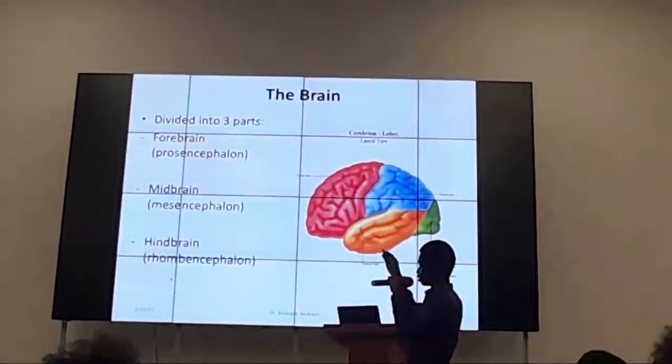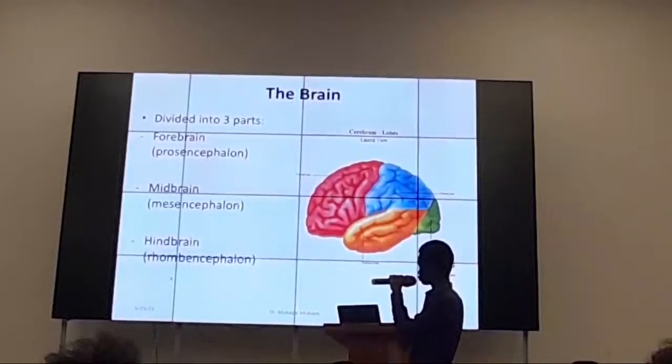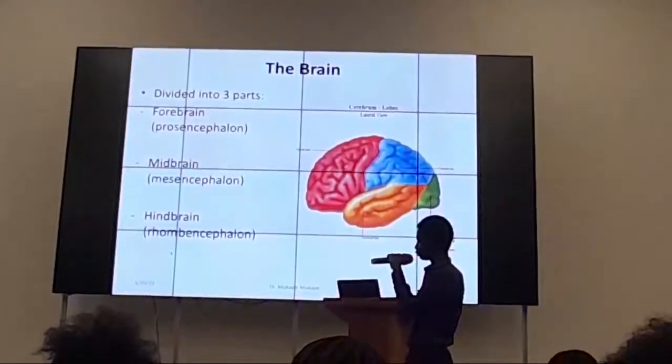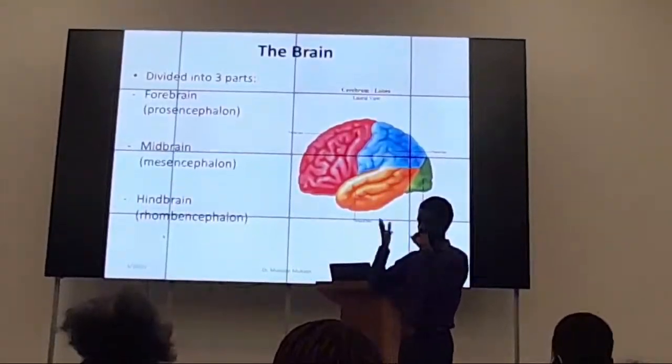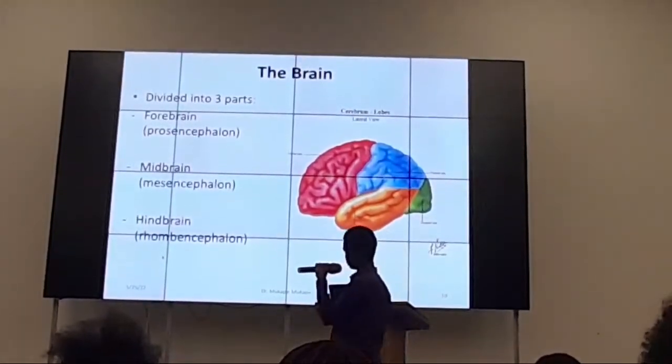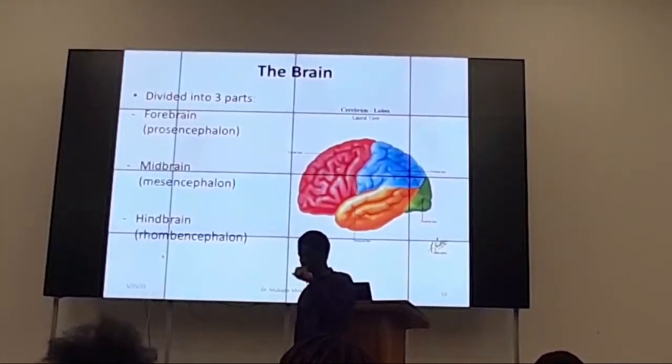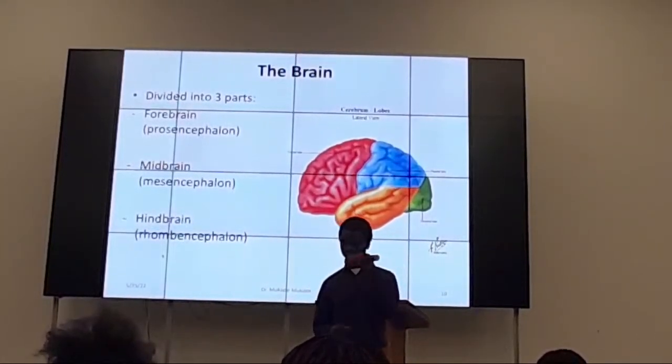So we need to be familiar with these terms. Remember, here we are just looking at an overview of the brain. We're not going to go into details, just an overview.